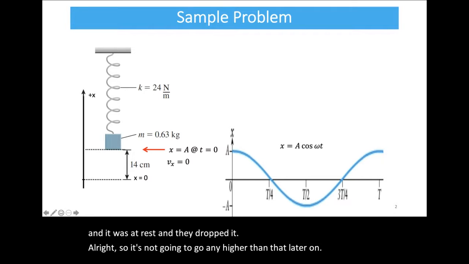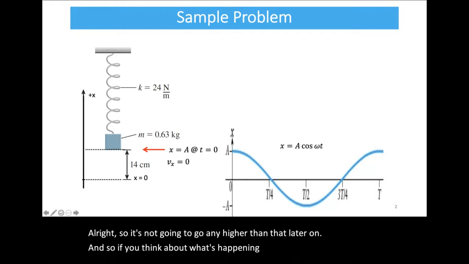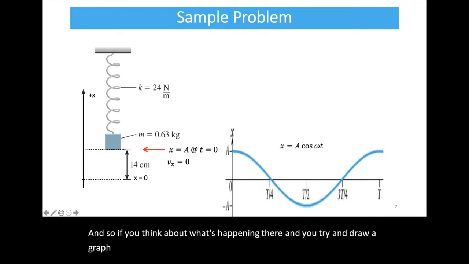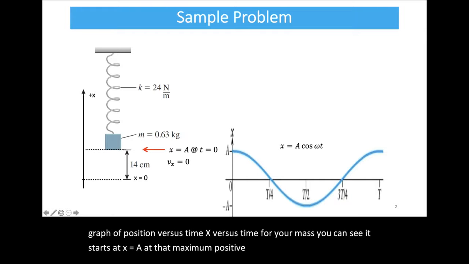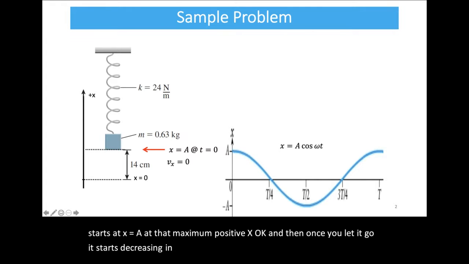If you think about what's happening there and try to draw a graph of position versus time, x versus time, for your mass, you can see it starts at x equals A, that maximum positive x, and then once you let it go, it starts decreasing in x, goes through the 0 point, goes down to minus A, and then comes back again.